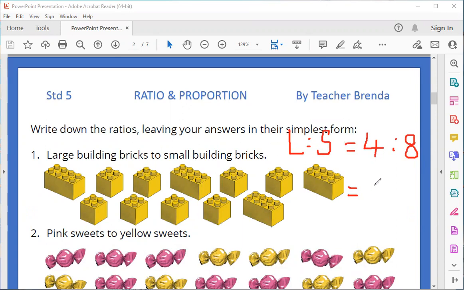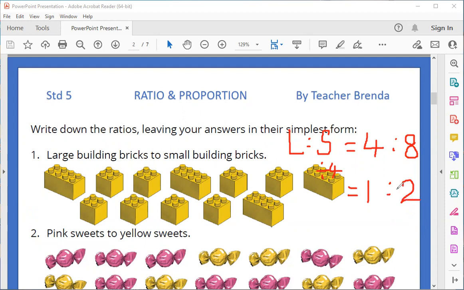So 4 can be divided by 2, and 8 can also be divided by 2. But you can also take 4 and divide by 4, and 8 also can be divided by 4. So I would choose to divide by 4, so that I will get 1, and 8 divided by 4, I'll get 2.